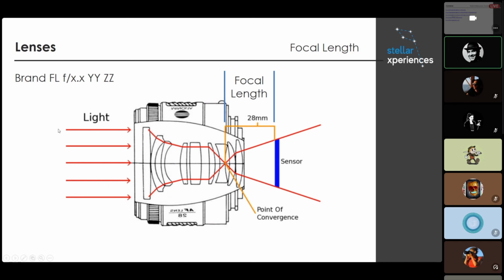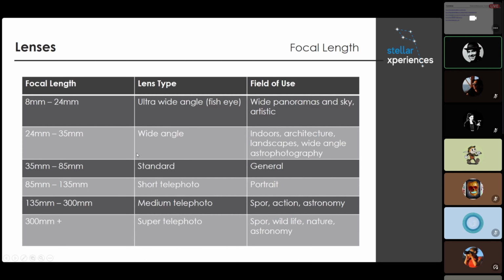Sometimes manufacturers give special names to some specifications. And again, here we can see the classifications of the lens according to focal length. I'm not going into details with this one because everybody should know these details.